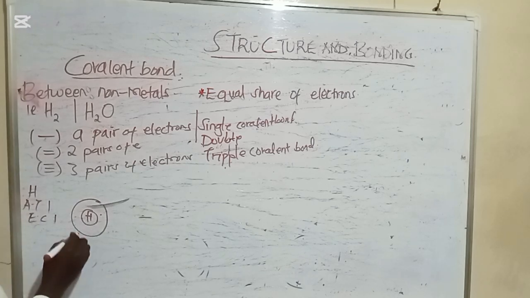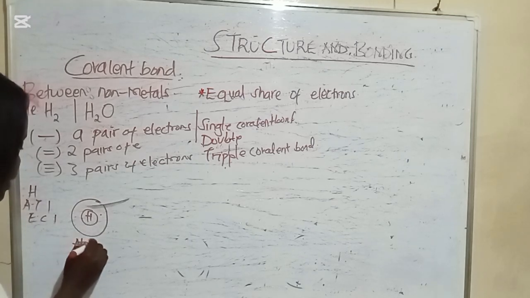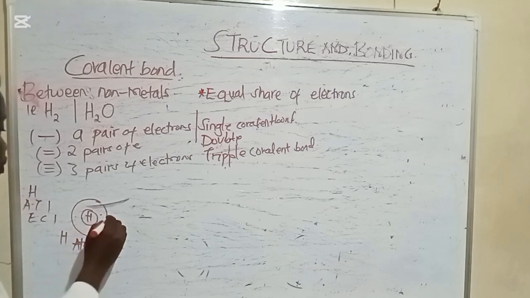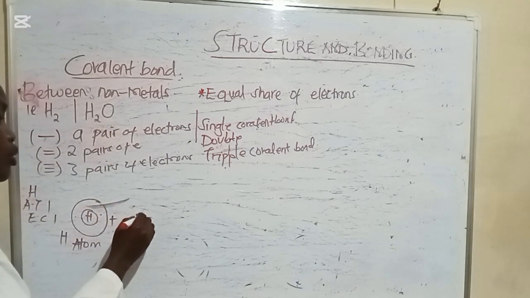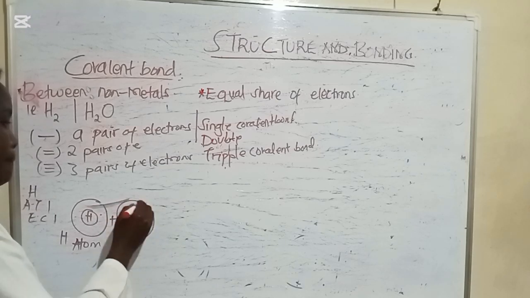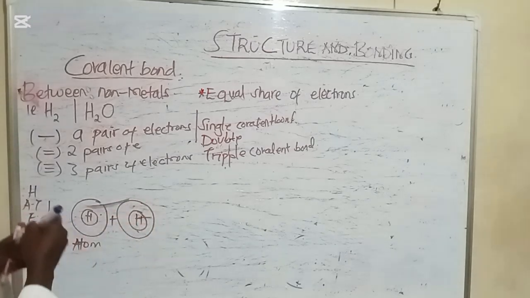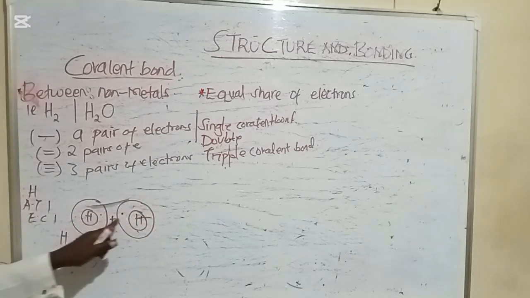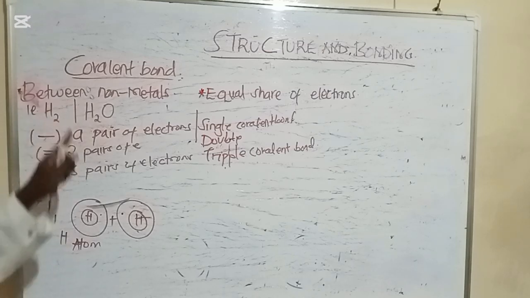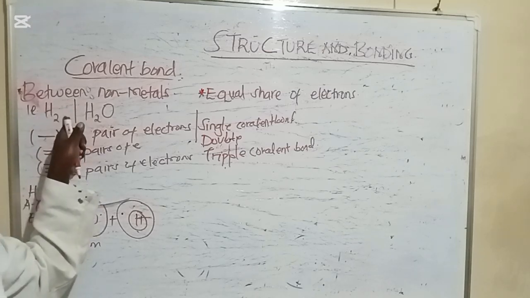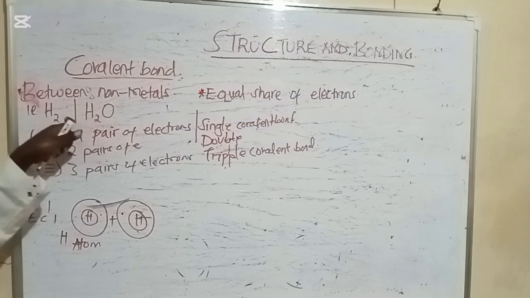Okay, so we have that one hydrogen atom there. This is our hydrogen atom covalently bonding with another hydrogen atom, with also one electron in the outermost energy level, because the configuration shows that we have one electron in the outermost energy level, to form our molecular compound, which is now the hydrogen gas.